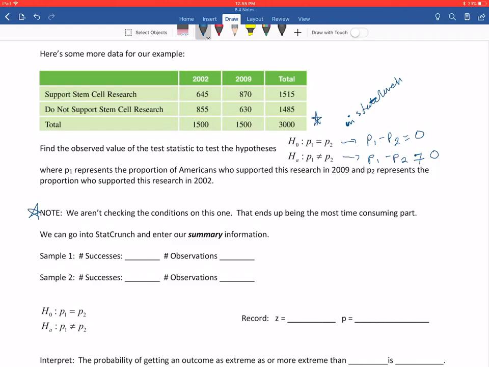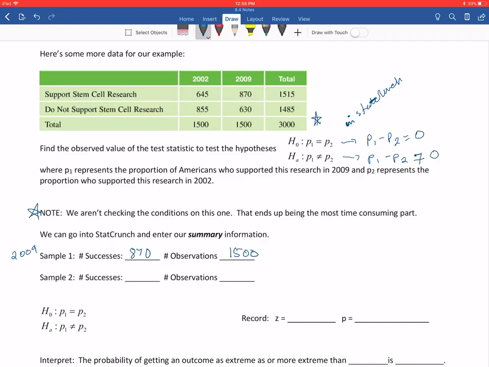We're going to go into StatCrunch and we're going to enter summary information because that's what we've got in this table. They've already summarized everything. They do not have a list of all 3,000 people saying yes or no to support. That would be data. But what we have right now is a summary. So for our sample 1, a reminder that's 2009, success would end up being that they did support it.